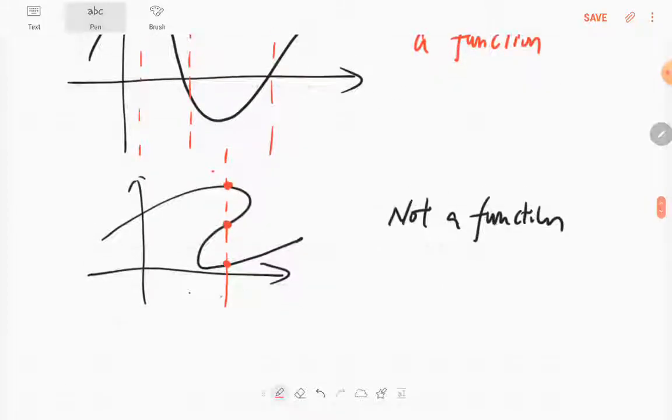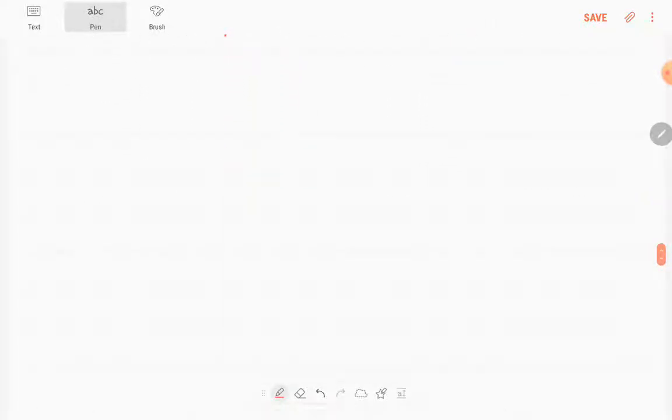So now let's look at another definition, which is called the zeros of a function f. Let's look at the formal definition.